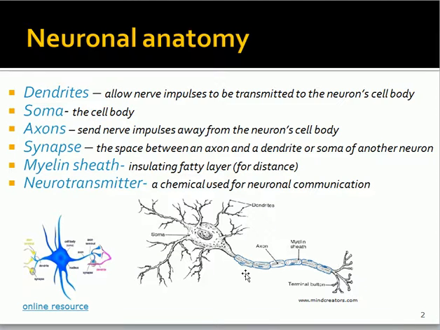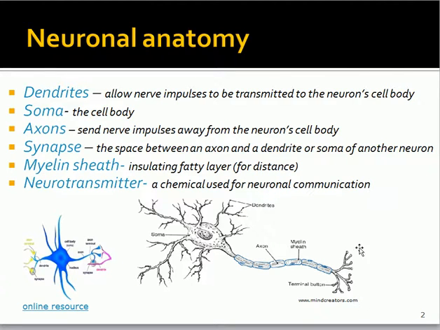But if you have a wire going a very long distance, you're going to lose a lot of information and charge. So those long neurons that go from the brain down to the spinal cord, or the spinal cord out to your toe or your hand, are going to have myelin, whereas most of the neurons in the brain itself don't.